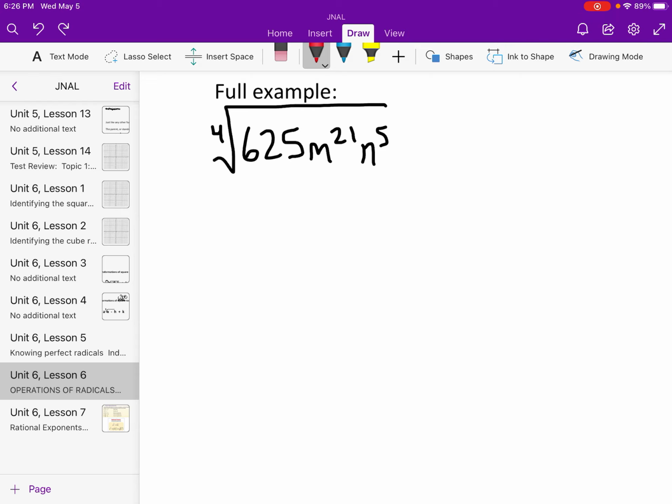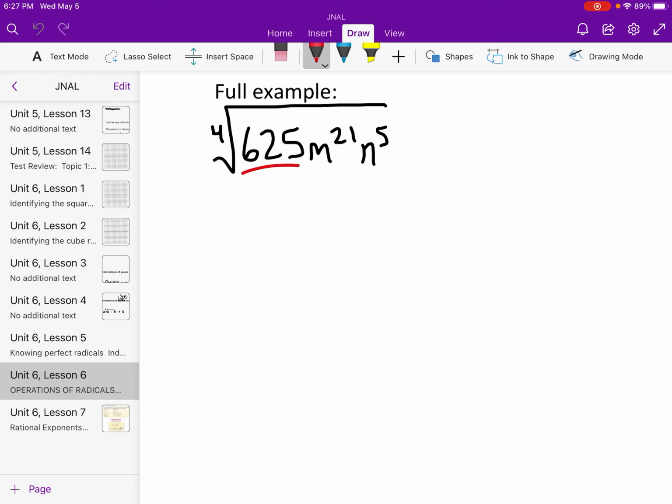Well, let me think. 25 and 25, you could do that. And wait a second, 625. Oh yeah, that is a perfect one. Never mind, I was getting confused. That's a perfect one already. You don't even have to do anything to that by simplifying it.